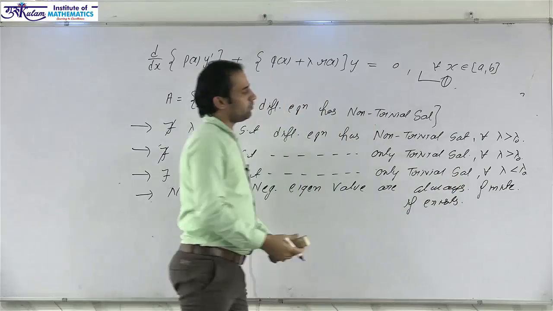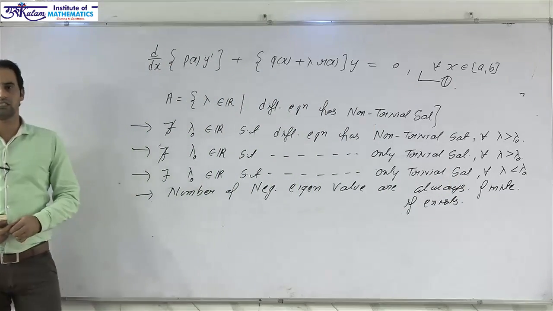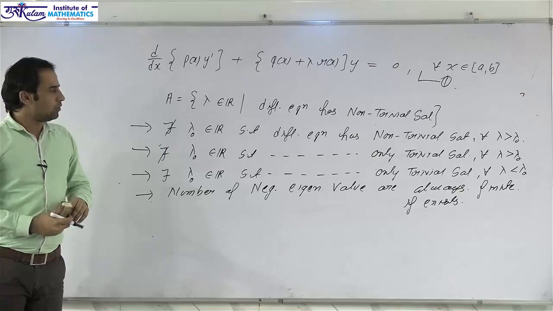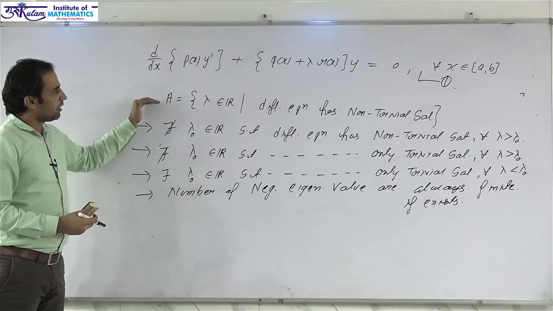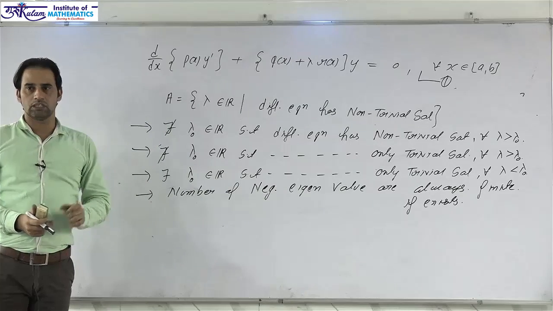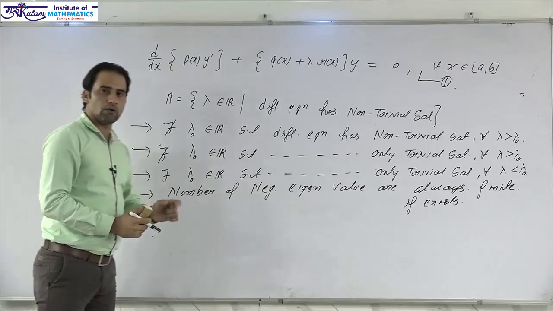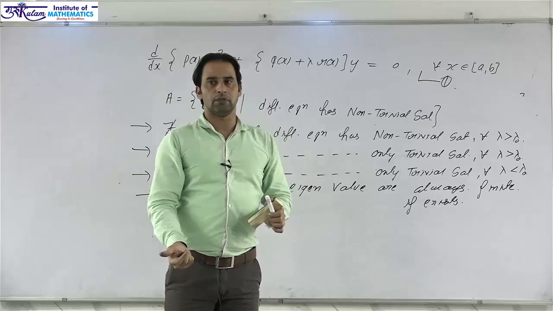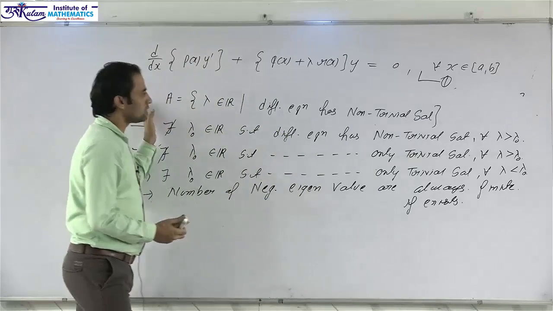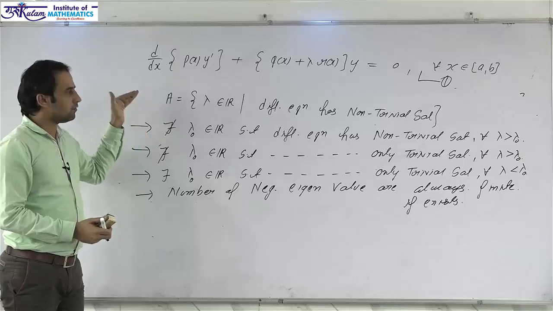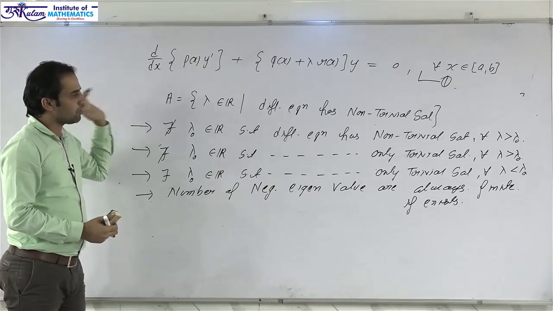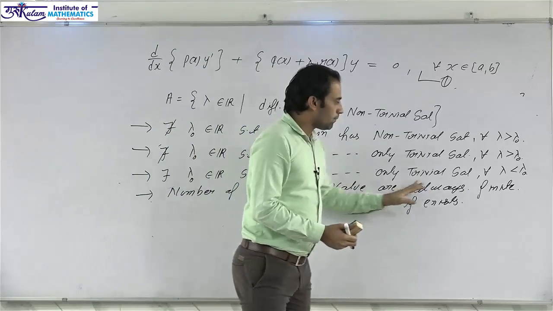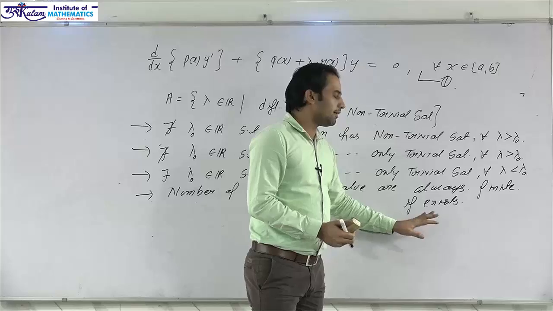The negative eigenvalues may or may not exist, but if they exist, then that set must be finite. Since this set is bounded below and unbounded above, if there are an infinite number of negative eigenvalues, then the set of all those negative eigenvalues is a bounded set, and we know that every infinite bounded set has a limit point. That implies this set A also has a limit point, which is again a contradiction. So there are always a finite number of negative eigenvalues, provided they exist.